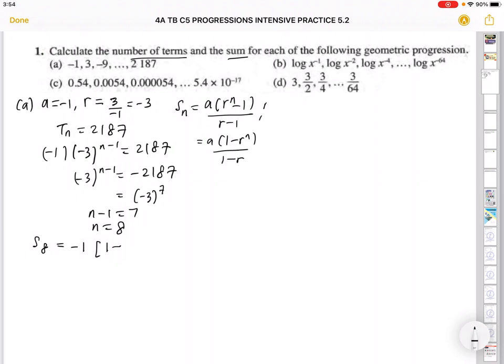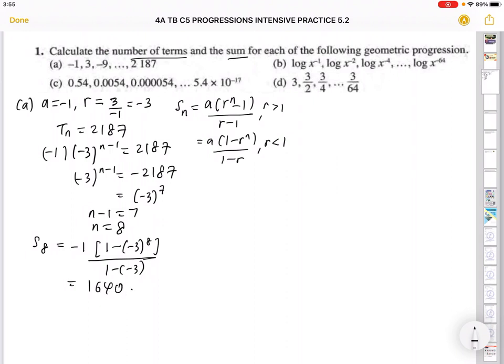Usually we use the first one when R is more than 1, and we use the second one for R less than 1. But let's say your R is more than 1 and you make a mistake and use the second formula, it's okay, no problem. The final answer will be the same, right? Okay, so I'm going to type this in the calculator. -3 power 8, 1 minus -3, this will be 1640.